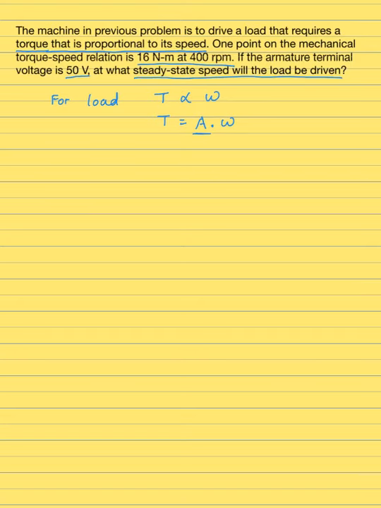First of all, we will make use of the point: 16 Newton meters of torque equals the proportionality constant multiplied by 400 RPM converted to radians per second. That will give you a proportionality constant of 0.382 volt seconds. So for the load, the torque speed characteristic is torque equals 0.382 times omega.